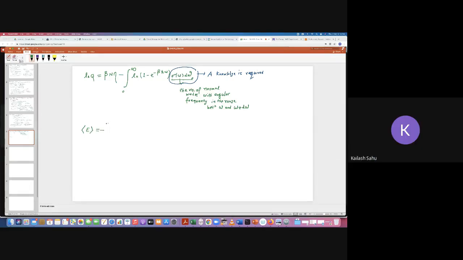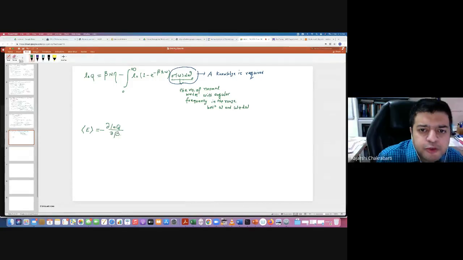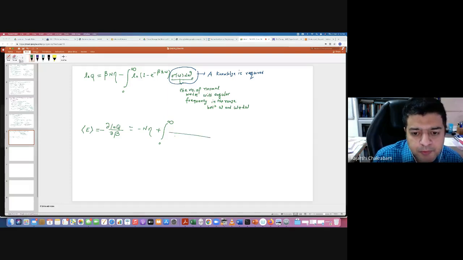Minus del by del beta of ln q. This is easy to do, no? So you know this is minus n eta, and this minus will become plus, and now I have to differentiate this. The argument comes down, no? This is a log. Of course you have this sigma omega d omega.